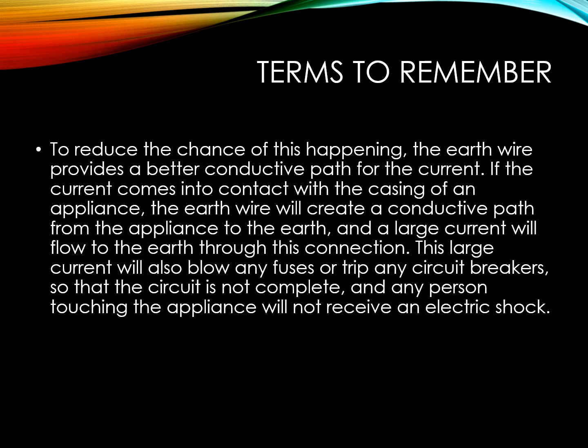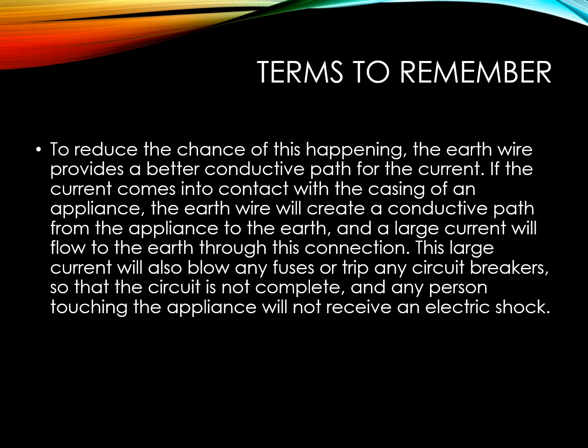In continuation, you also have to remember that to reduce the chance of this happening, or as mentioned a while ago about the electric shock, the earth wire provides a better conductive path for the current.